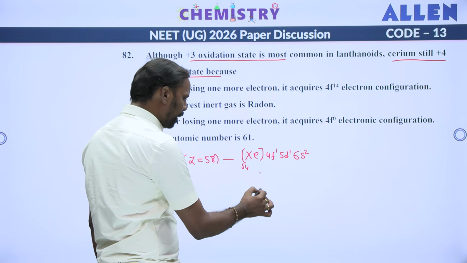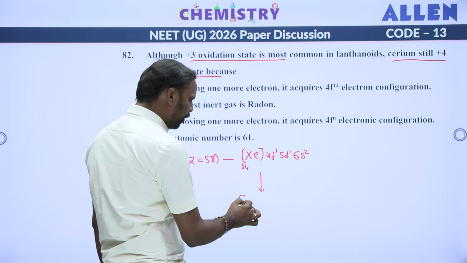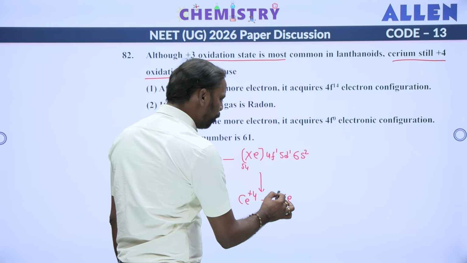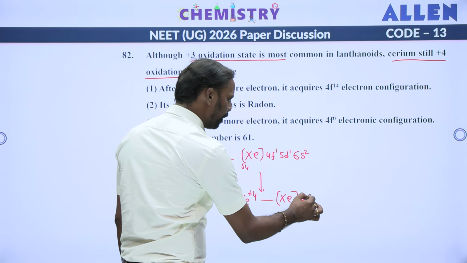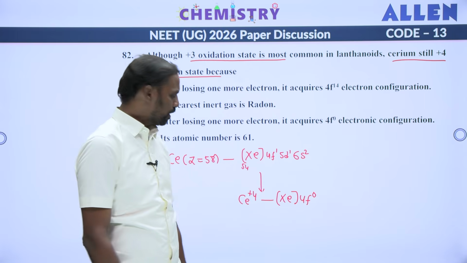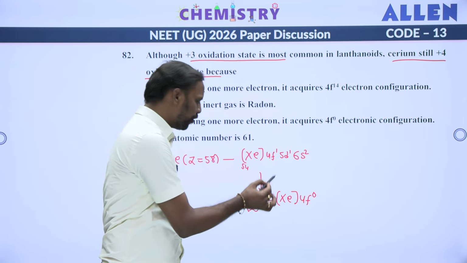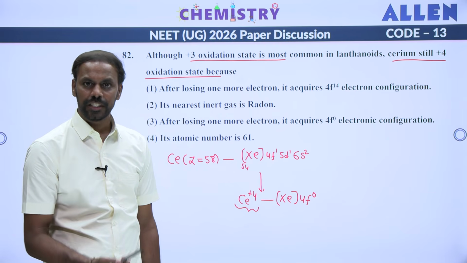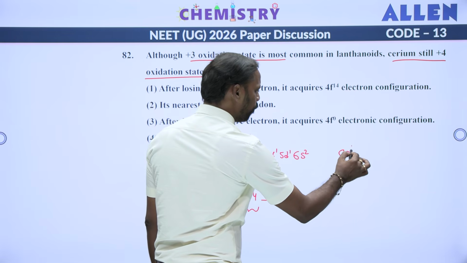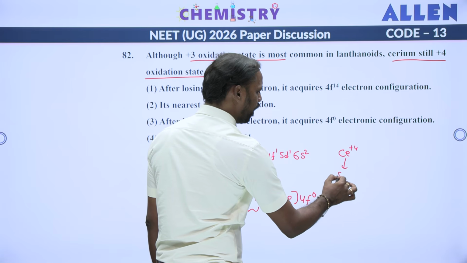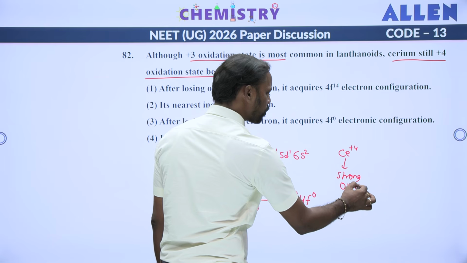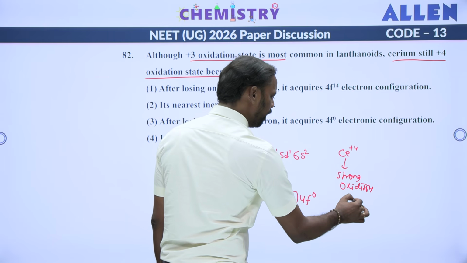See, cerium after loss of 4 electrons becomes which one, student? Noble gas configuration. That means xenon 4f0 you will get. So this is the stable electronic configuration of cerium +4. That is why generally cerium +4 is one of the strong oxidizing agents. Why?